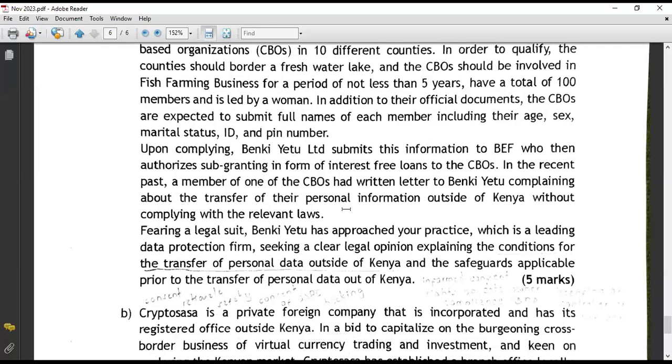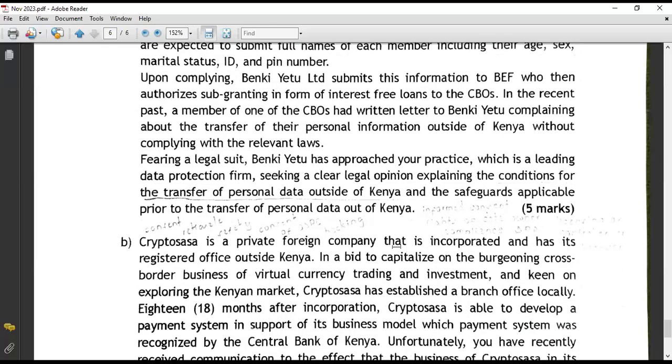In the recent past, a member of one of the CBOs has written a letter to Benki Yetu to complain about the transfer of personal information outside Kenya without complying with the relevant law. Fearing a legal suit, Benki Yetu has approached your practice, a leading data protection firm, seeking a clear legal opinion explaining the conditions for transfer of data outside Kenya and the safeguards applicable prior to transfer of data outside Kenya.